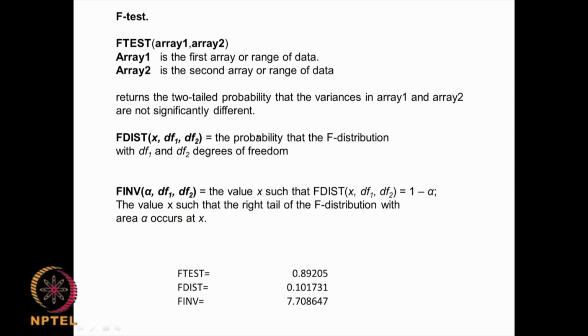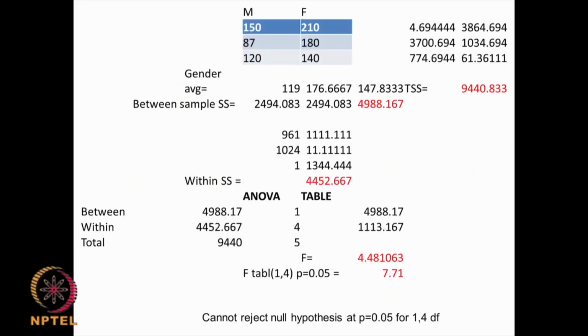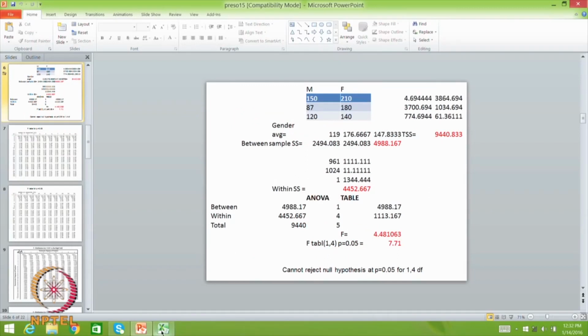And then of course you remember the F dist command, it gives you the probability given the ratio for 2 degrees of freedom, and the F inverse command, when you give the probability, it will calculate the F value for the 2 degrees of freedom. This is exactly like the table. So let us look at how to go about doing this problem using Excel.